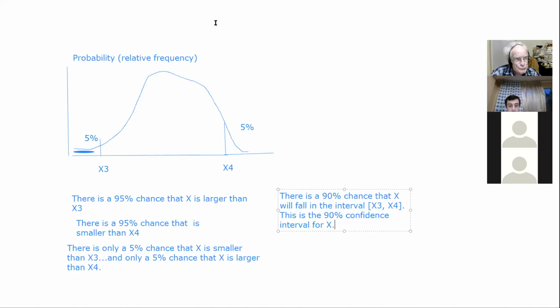So, for example, here is x5. That much of 2.5% of the possible values of the random variable x.